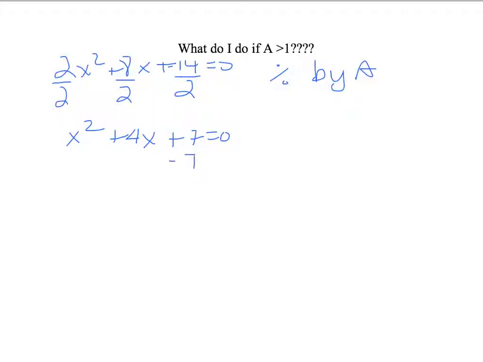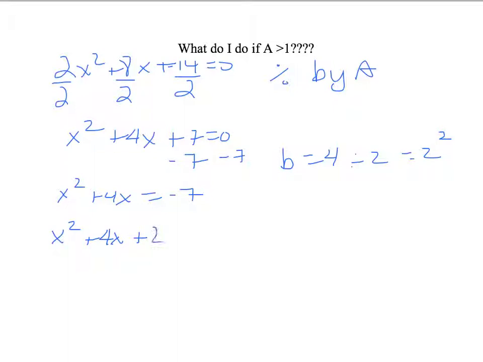So now I subtract 7 from both sides. I get x squared plus 4x equals negative 7. Well, b equals 4, so I would divide b by 2. So 4 divided by 2 equals 2, and so I will add 2 squared to both sides. So I have x squared plus 4x plus 2 squared equals negative 7 plus 2 squared.